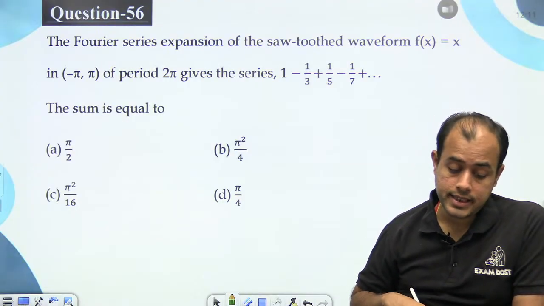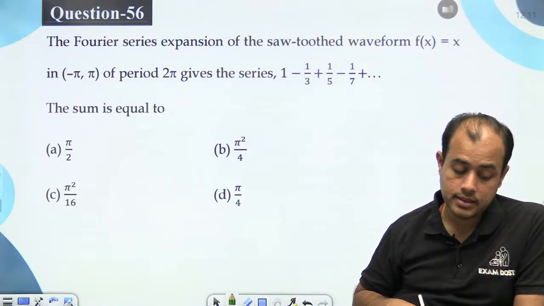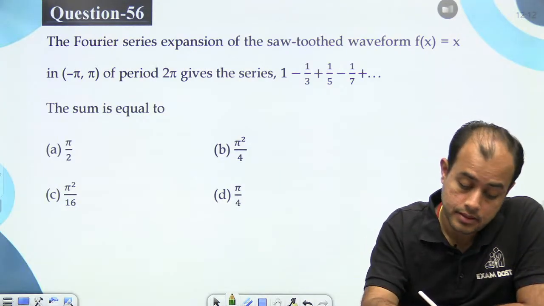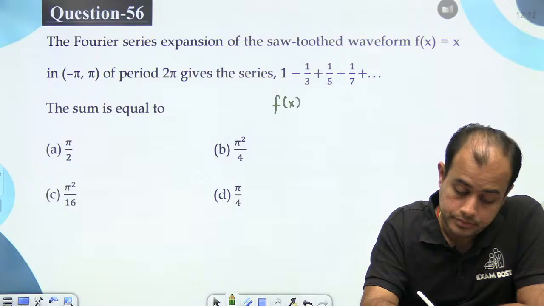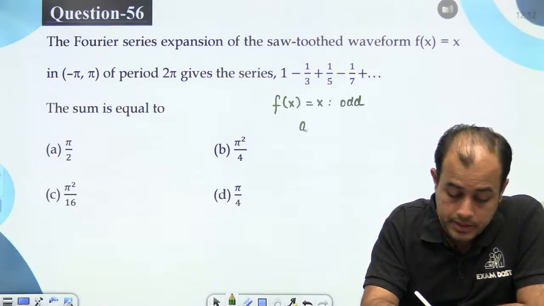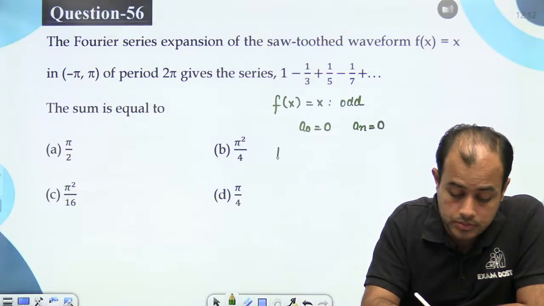The Fourier series expansion of a sawtooth waveform f(x) equal to x from minus pi to pi gives the series. It is odd, which means a naught is 0, an is also 0.